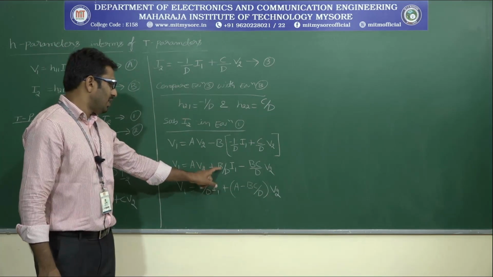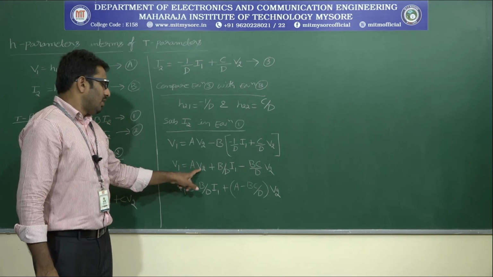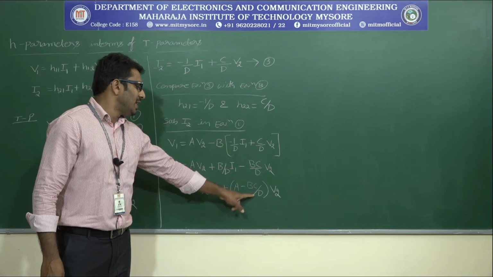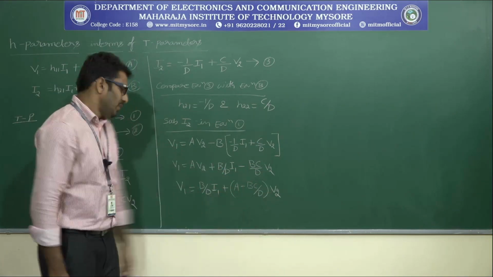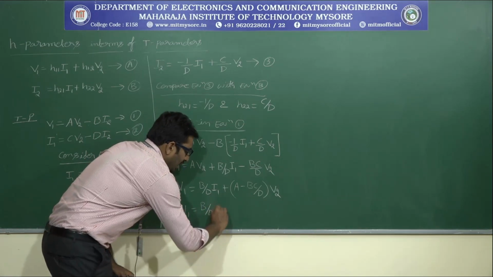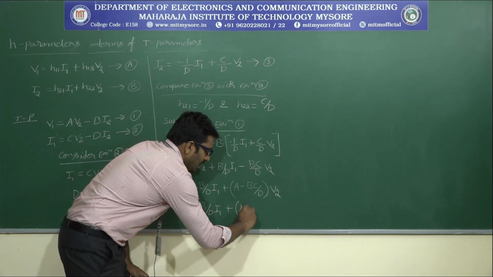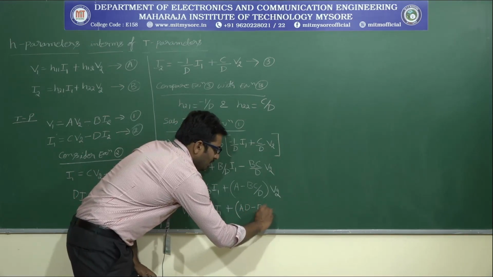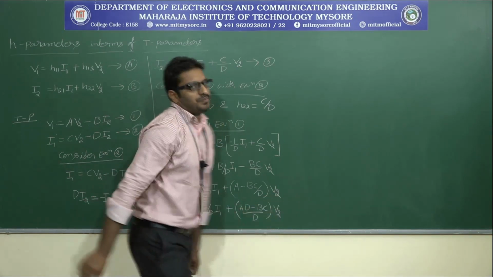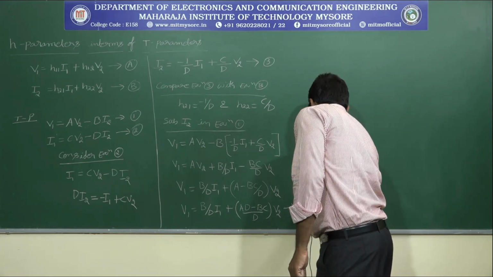Is it clear? First term written B by D I1. Next V2 common factor. Therefore the remaining is A minus BC by D into V2. Now V1 is equal to B by D I1 plus, just taking LCM, AD minus BC divided by D into V2. Is that clear? Call it equation 4.